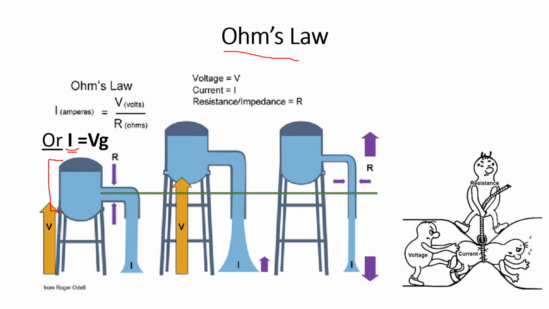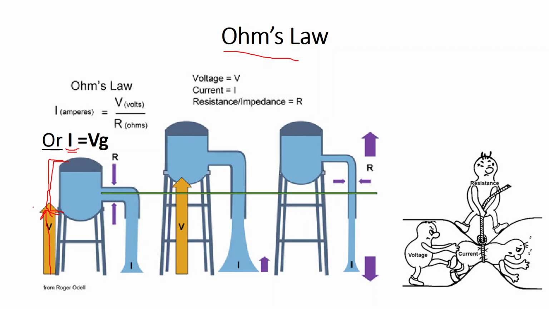So this water tank, the force that we are creating on the water tank by making it up high, this represents voltage. So let's take this example and then I will answer your question. So this water tank here is being put high, right? And so there is a pressure on water to move down, right?